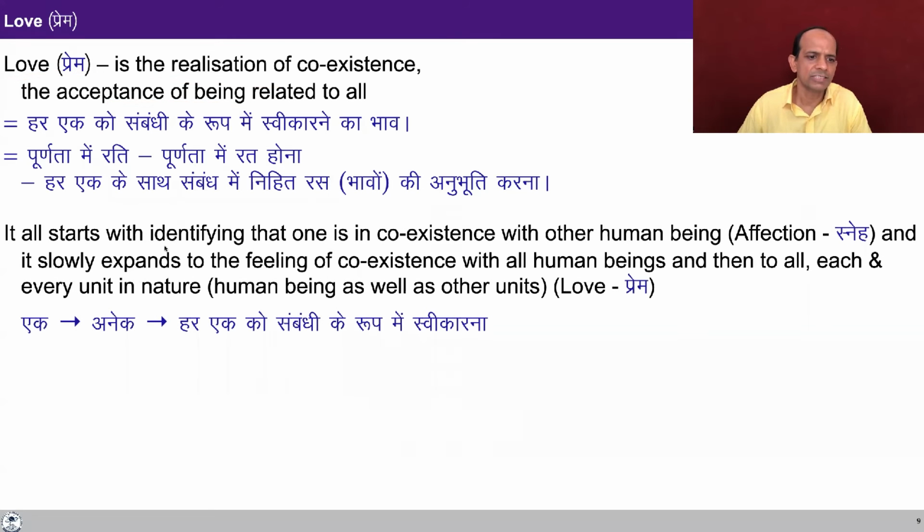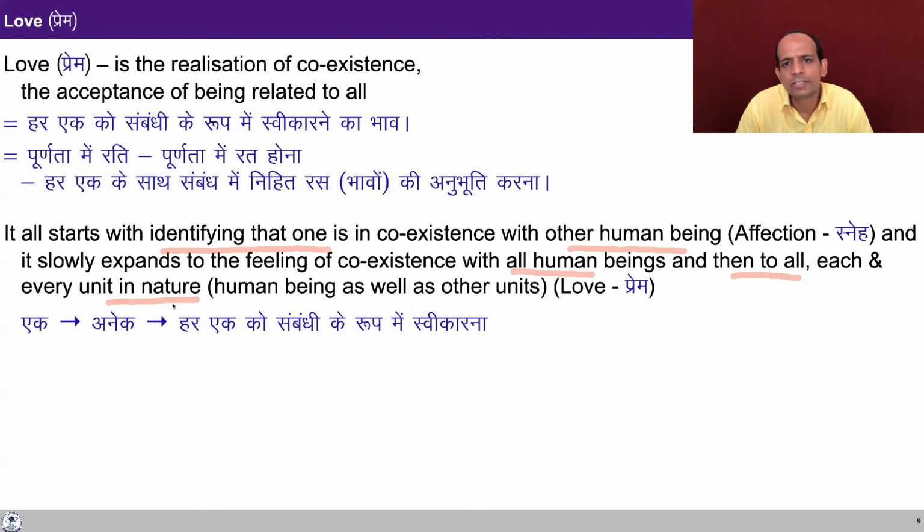Now, it all starts with identifying that one is there in coexistence with the other human being, right? So the acceptance of relationship with other human being is something which is called as affection. But when we are able to contemplate upon affection, when we are able to share our feeling of affection with the other, then that competence gradually expands to the feeling of coexistence with all human beings, and then to each and every unit in nature, something that I mentioned right now.